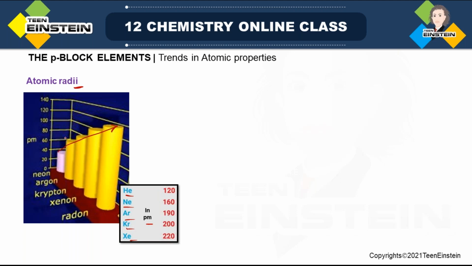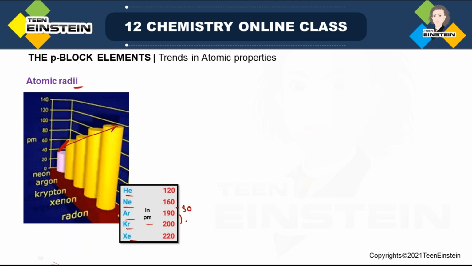But a small thing that you have to notice here, the difference between neon and argon: it is around 120, 160. Neon and argon 160, 190, that means it is around 30.